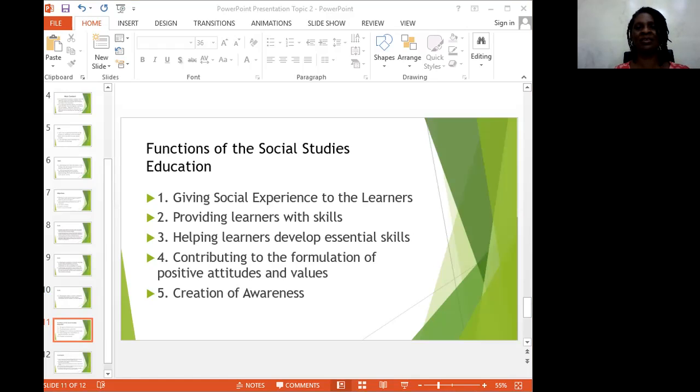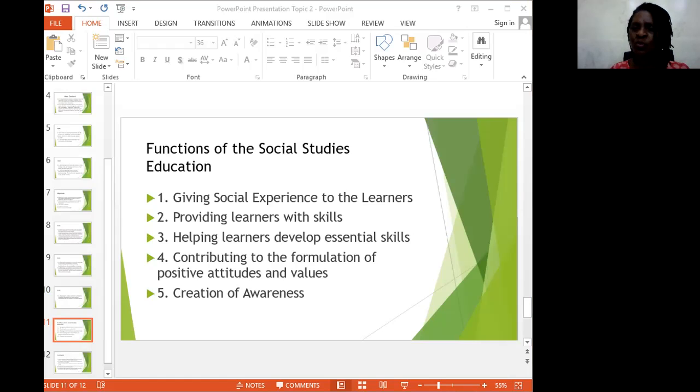One, giving social experience to the learners. The first function of social studies education gives social experience to the learner. What do I mean by giving social experience to the learner?